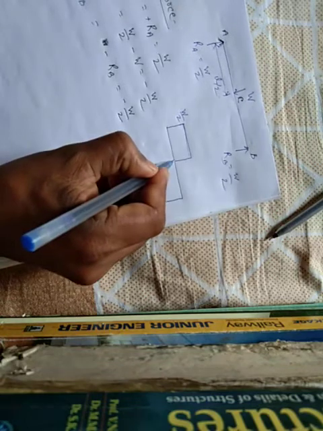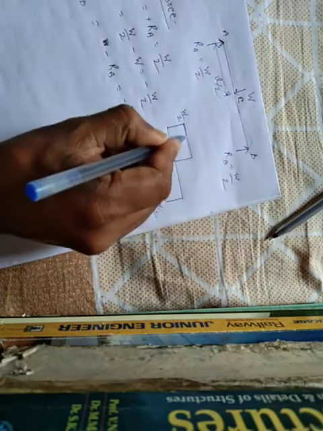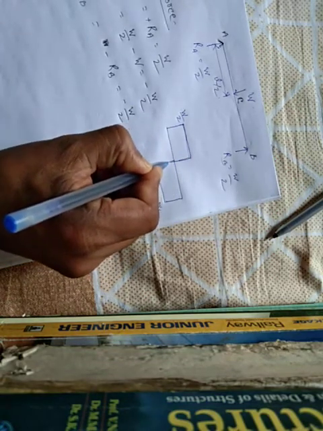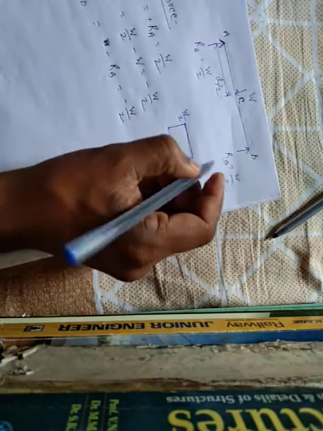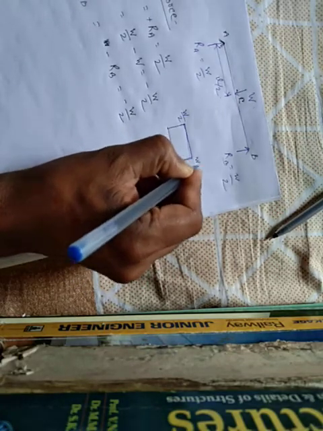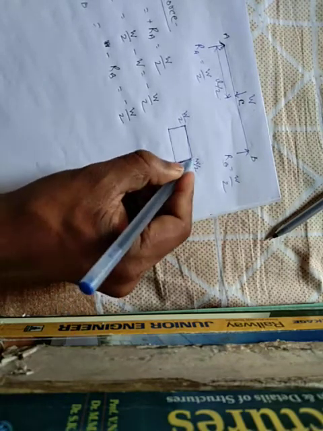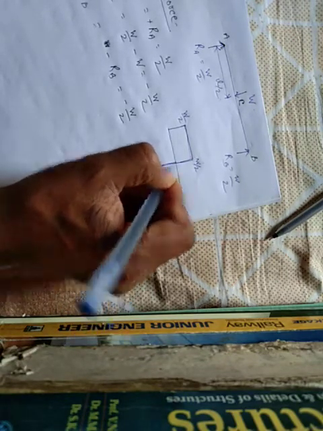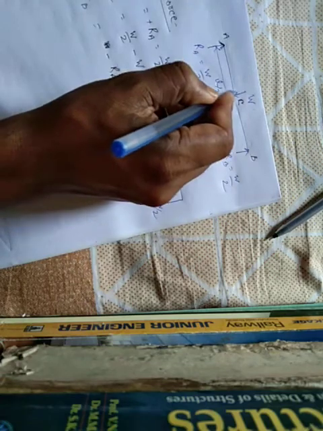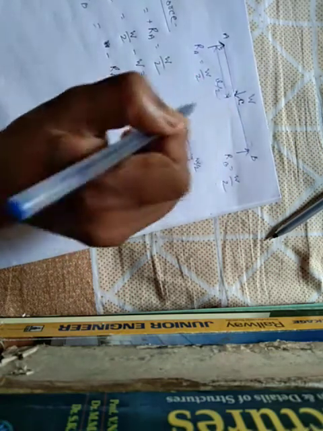So at point C, the total load is W. Yes, this is W by 2. So W by 2 plus W by 2, that means the total load is W. It is considered the applied load.